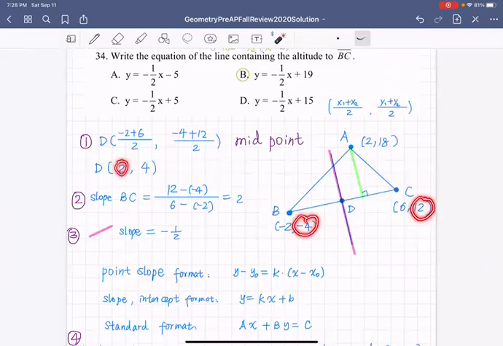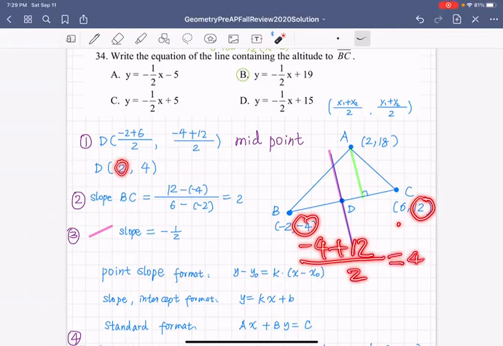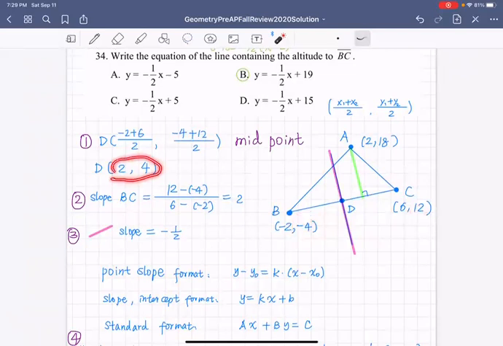The Y is -4 plus 12, divided by 2. How much? This is 4. So this midpoint is 2,4, right? Okay.